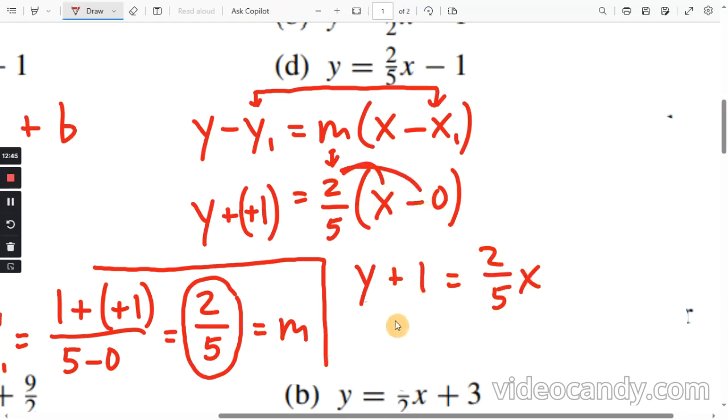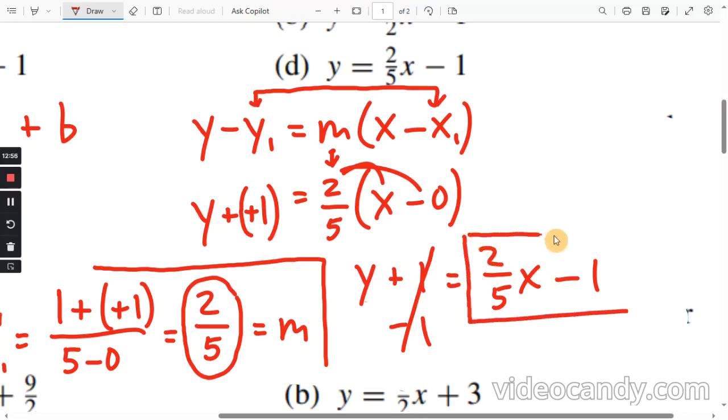Solving for y, if I subtract 1 on both sides, the 1 minus 1 is gone, and I have y equals 2/5 x minus 1. So you basically want to solve for y. And I can see already that's answer D, 2/5 x minus 1.